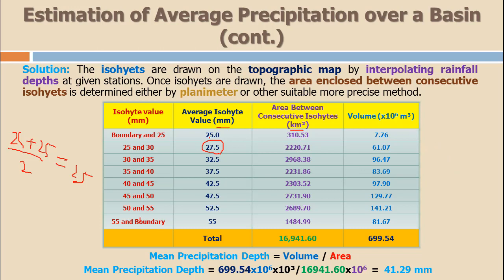So how to convert the millimeter into meter? You will write down here multiply by 10 raised to the power minus 3 meter, and then multiply it with this one. For this we will write down 10 raised to the power 6 square meter.